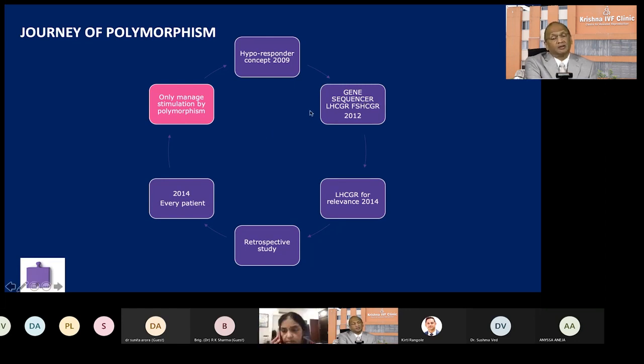But subsequently we realized that LH gene abnormalities produce inactivating mutations which produce sterility rather than infertility. Whereas when the receptor problem comes in, it is the response that makes a difference. And then we started understanding the relevance, and from 2014 we started doing it for every patient, and now we manage only by polymorphism.